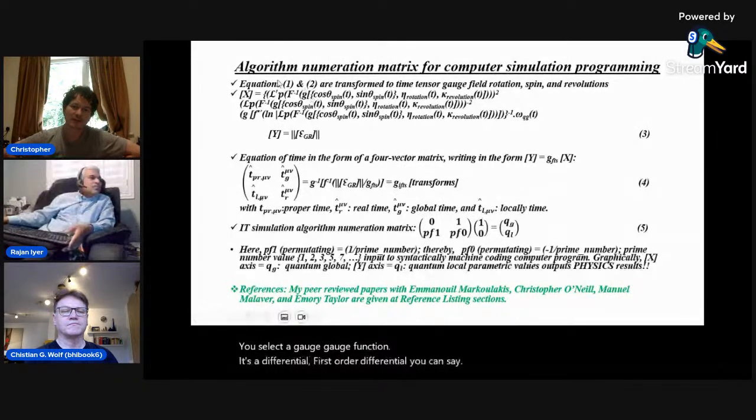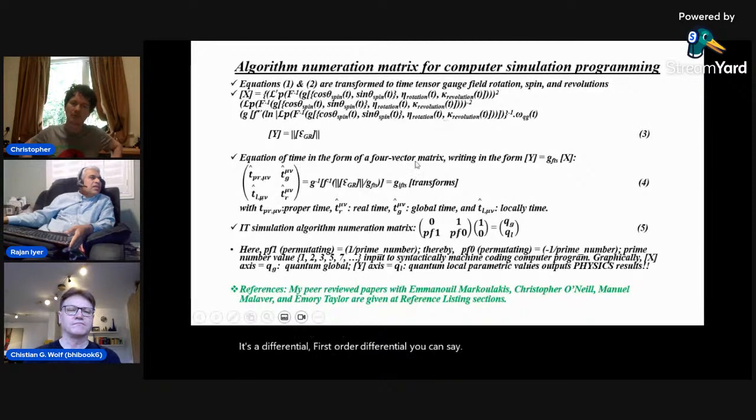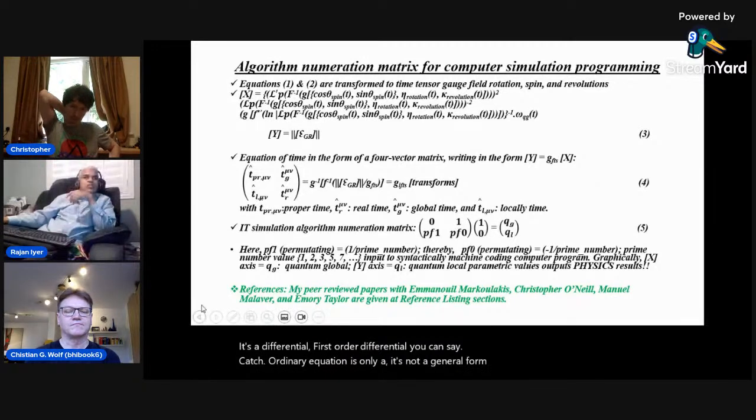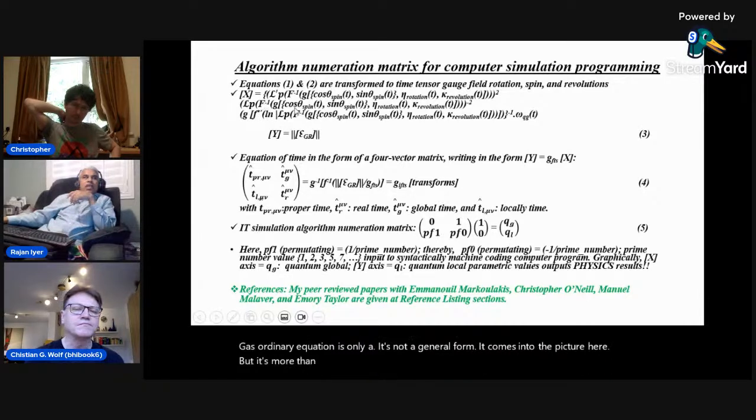Is that related to the Schrödinger equation? Yeah, the Schrödinger equation comes into the picture here, but it's not a general form. This is a more generalized form of the Schrödinger equation. Why do you need the Fourier transform there?